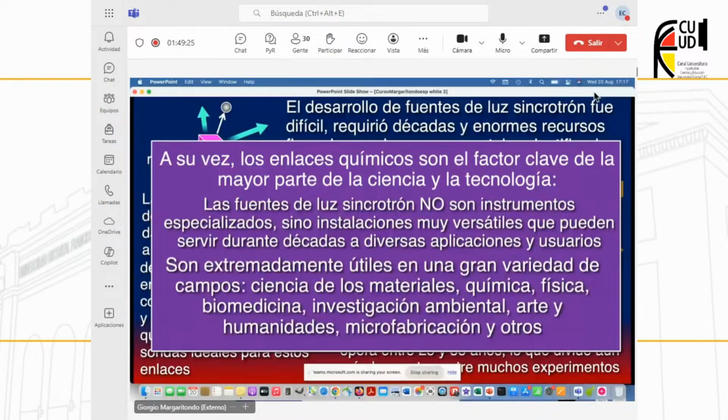And the other aspect is that although the entire field was started by physics, then chemists arrived, and then the biologists, the material scientists, and now we also have people involved in environmental research, arts and humanities, microfabrication techniques.